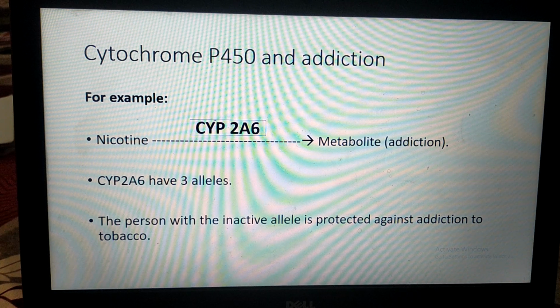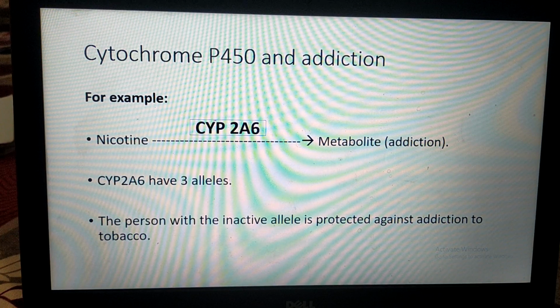Now this enzyme CYP2A6 is synthesized by 3 alleles in our body. In some persons all these 3 alleles are inactive, therefore this enzyme is not synthesized in the body.